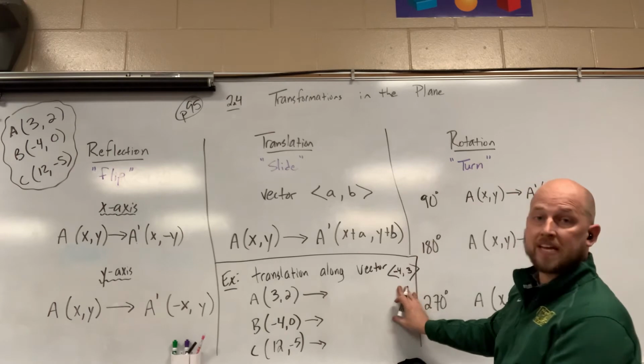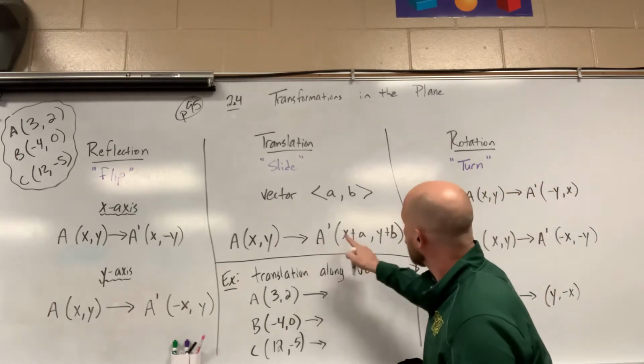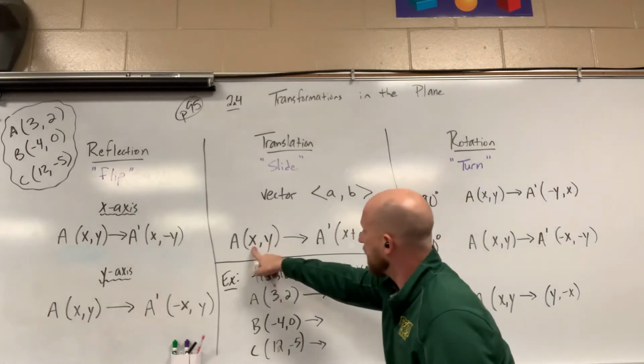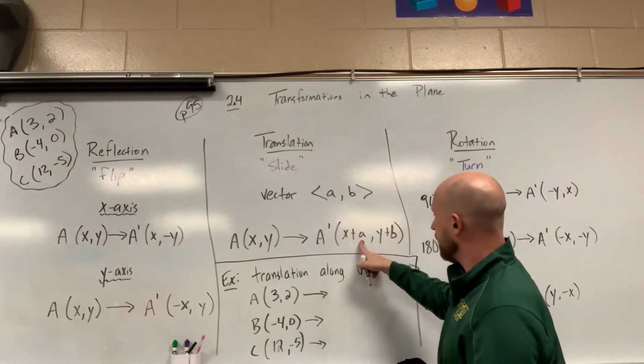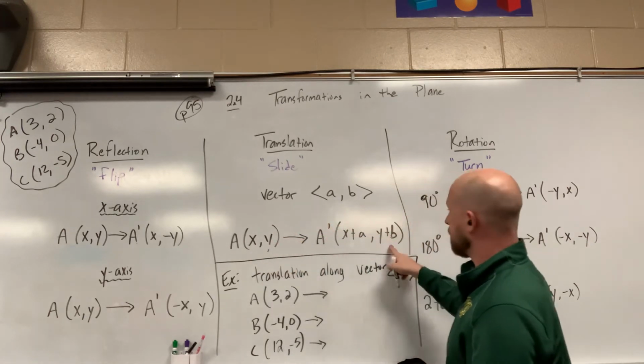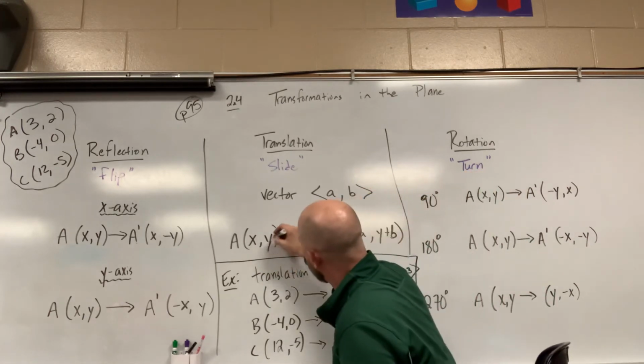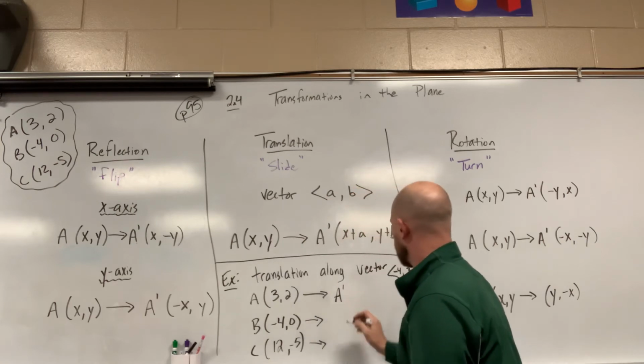So our vector is -4, 3. We're taking our X and adding A to it, and we're taking our Y and adding B to it. That's all we're doing. That's how you are transforming these.